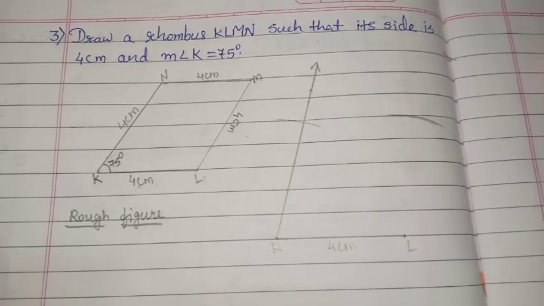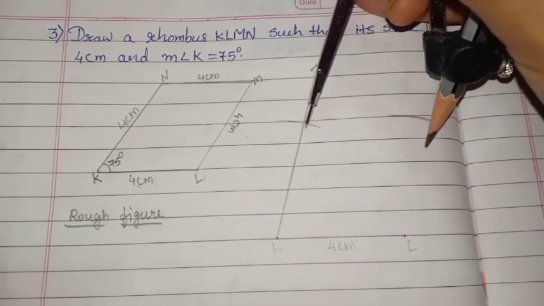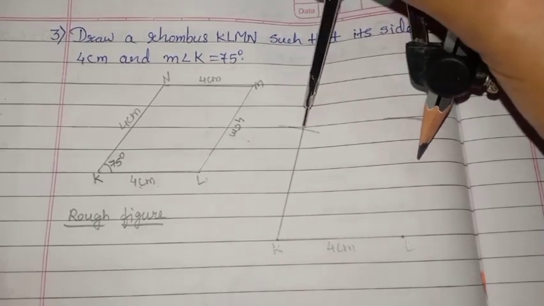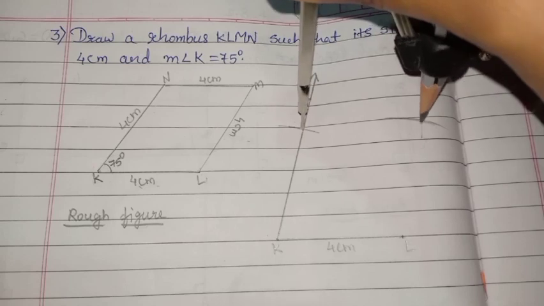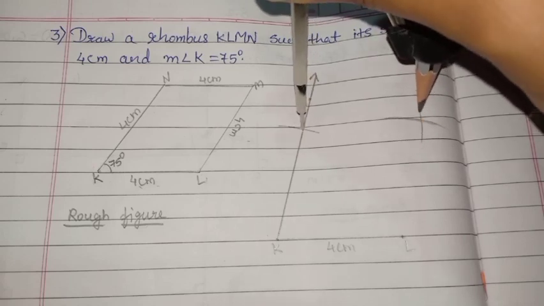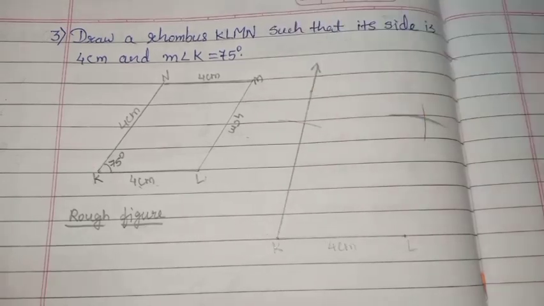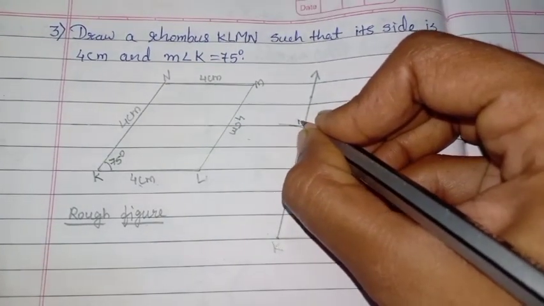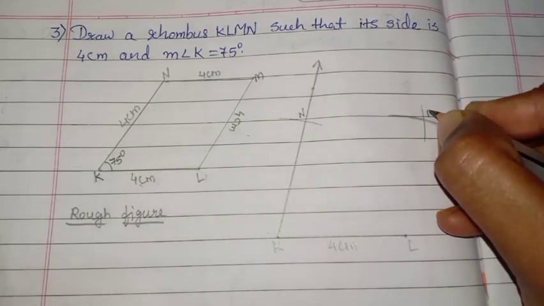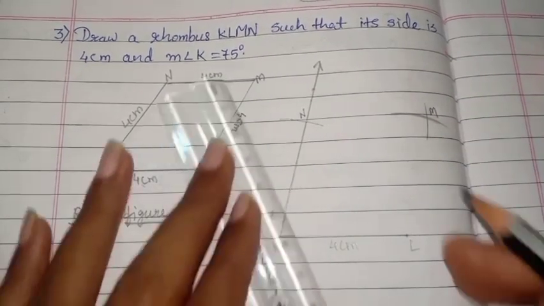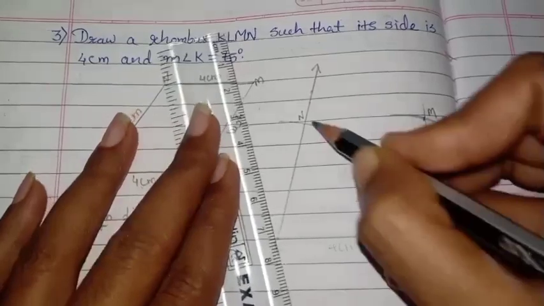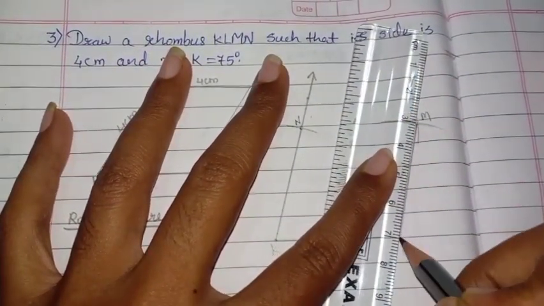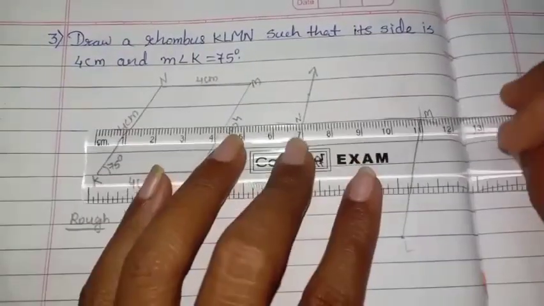Then take 4 centimeters distance in the compass. Put the pointer on point K and draw an arc. Similarly, from point L also draw an arc. Then from this point N, draw another arc which will pass through this one. Here you will get this point N and this point M. Now draw two lines, LM and NM.